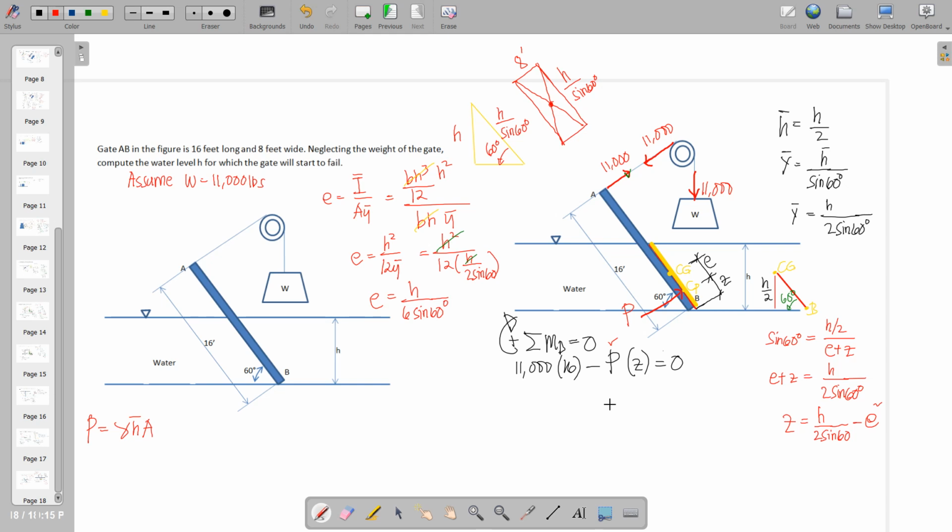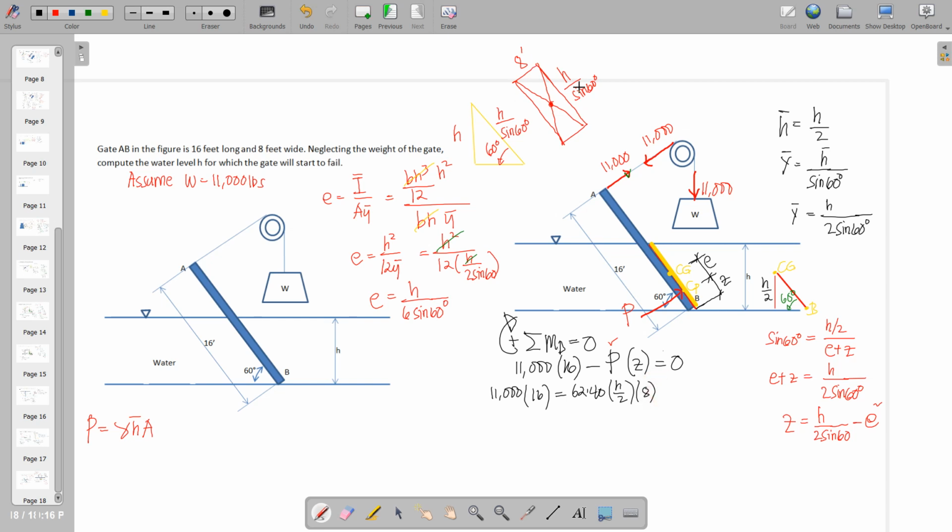So working now on our final equation here, we have 11,000 times 16. We can transpose this to the other side, becomes positive. We are now working with P: 62.4, H bar is H over 2.